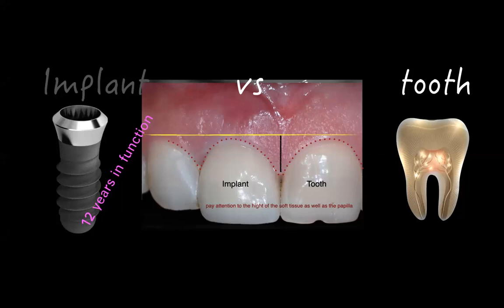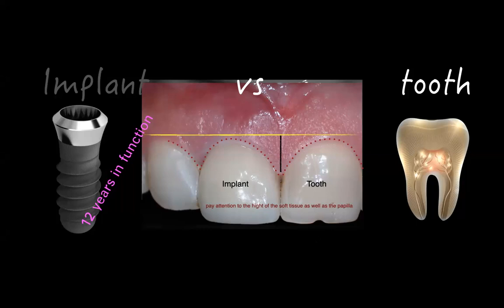The restorative doctor did a fantastic job on almost matching those shades and the crown, and it looks great. I would have put a little notch on this guy just to mirror image this crown here. I don't know, that would just be me. But in any event, that's the difference between the implant and the tooth.